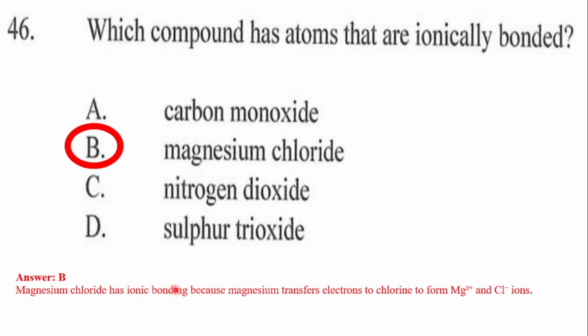Magnesium chloride has ionic bonding because magnesium transfers electrons to chlorine to form Mg2+ and Cl- ions. Notice that ionic bonding happens between metals and non-metals. So we have ionic bonding here.